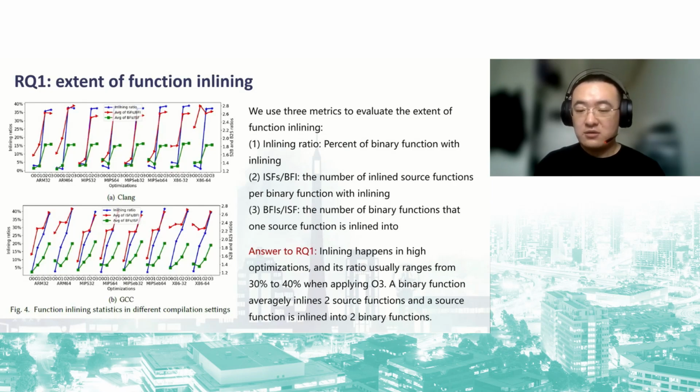And the third is the number of binary functions that one source function is inlined to. And according to the study results, we can find that inlining happens in high optimizations, and its ratio usually ranges from 30% to 40% when applying all 3. And a binary function is averagely inlined with several source functions, and a source function is inlined to 2 binary functions.